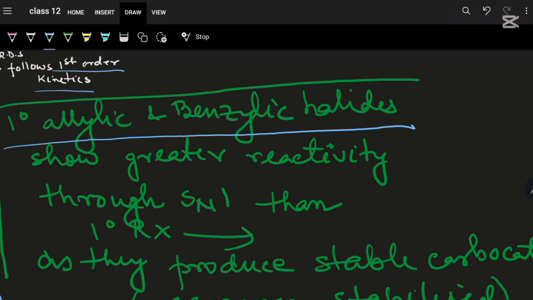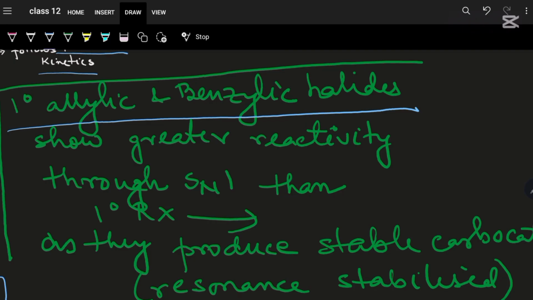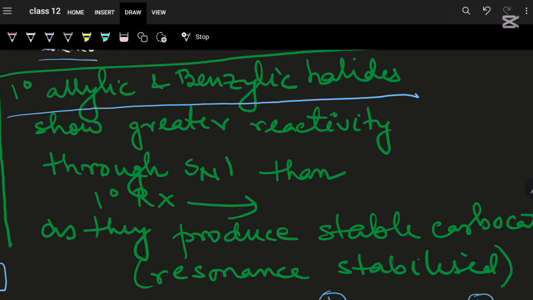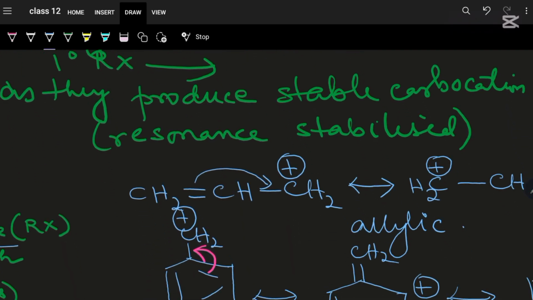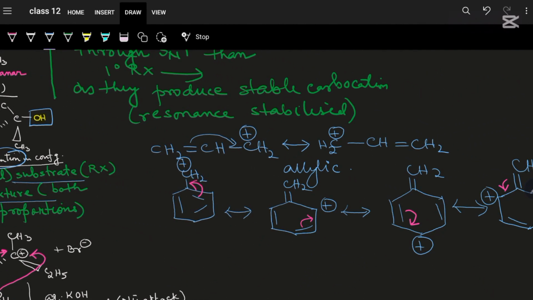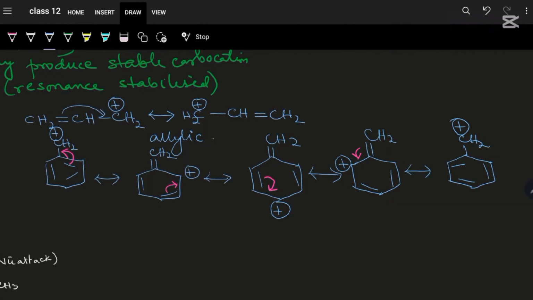Generally a 3 degree carbocation is more stable than 2 degree, which is more stable than 1 degree, but under certain circumstances a 1 degree allylic and benzylic carbocation has greater reactivity than a 1 degree RX. Why? Because these carbocations get extra stability on account of resonating structures.